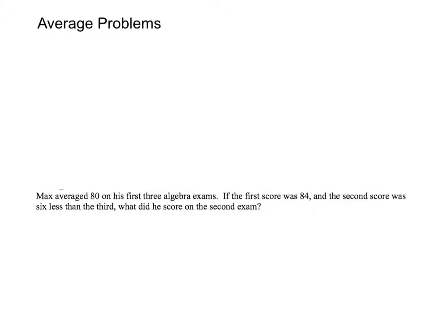Let's look at average problems. These are the last type of problem we're going to talk about. When I look at the average of something, basically what I'm looking at is the typical value. So if I want to say, on average, students make a B in my class, then what I mean by that is I have some students who make C's or D's or F's.